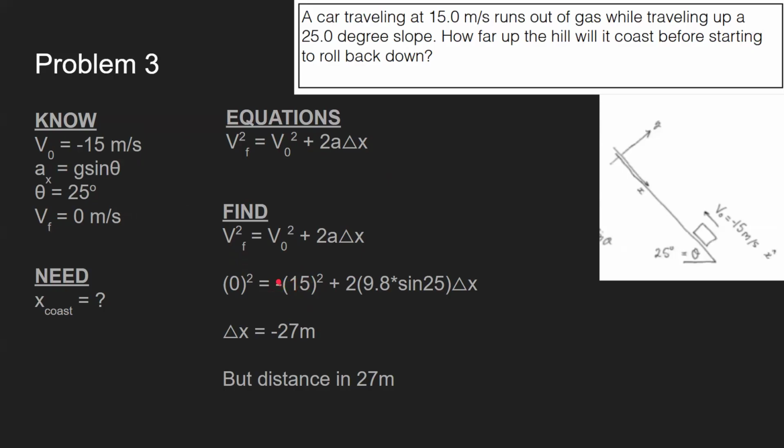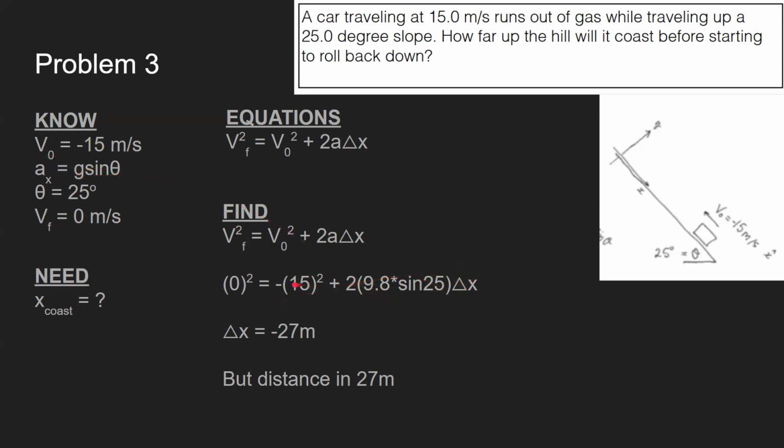Careful, put that negative outside, because if you squared it, then it would go away. So make it outside of it because we need to make sure that's negative. So be careful when you do the calculator. 2 times 9.8 sine 25. That's using this formula, g sine theta.